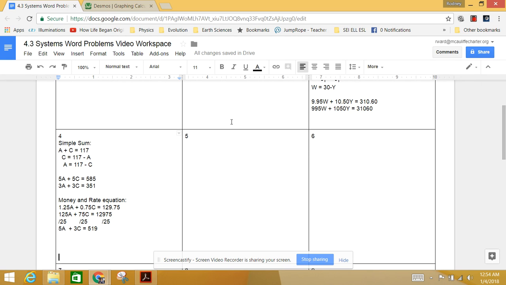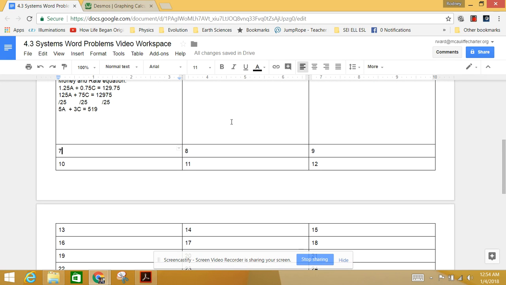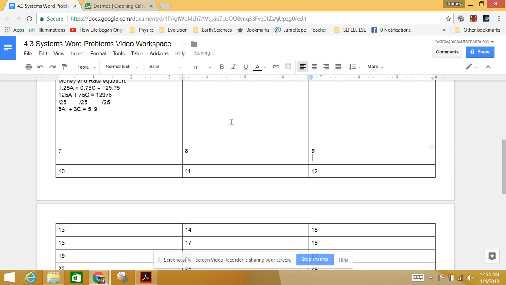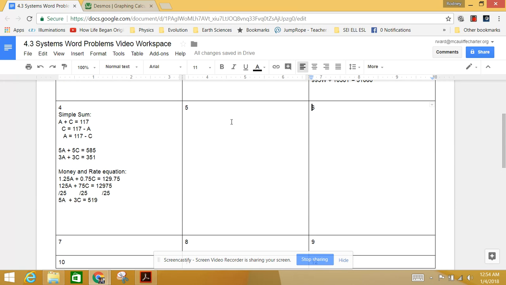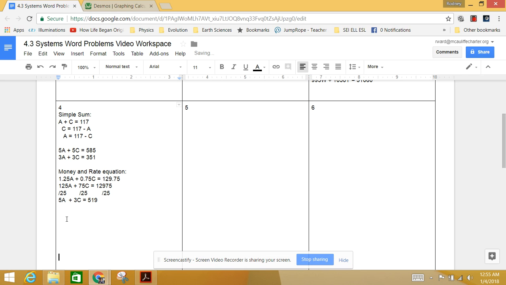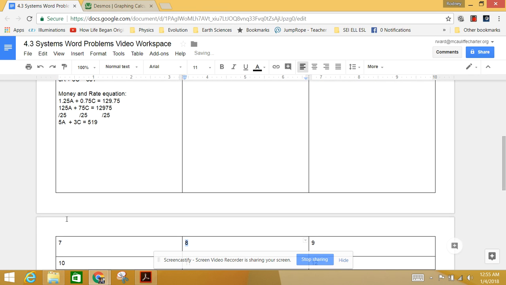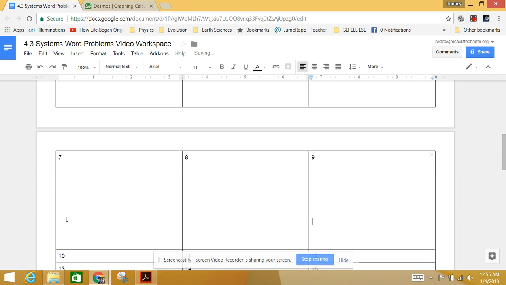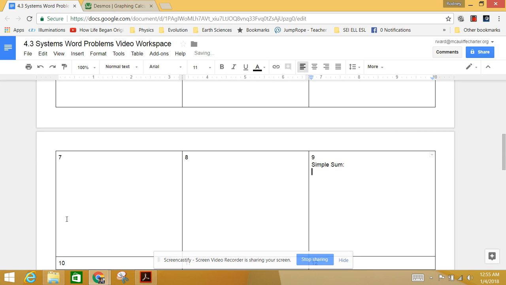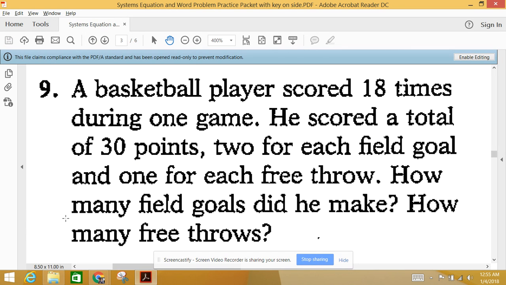I'm going to go down to my little workspace for number 9. I got to move this down a little bit so I'm on a new page. Okay, so we have a simple sum, which is going to be field goals and free throws add up to 18.